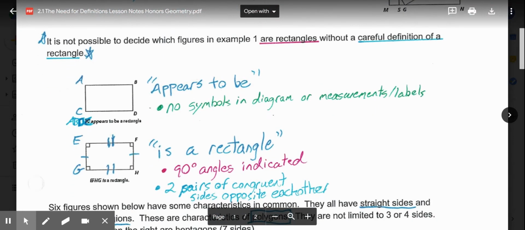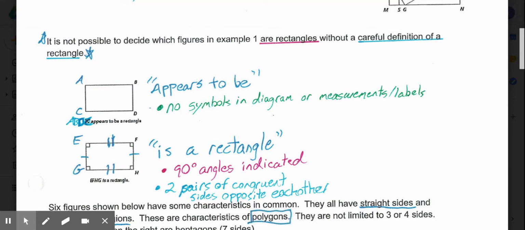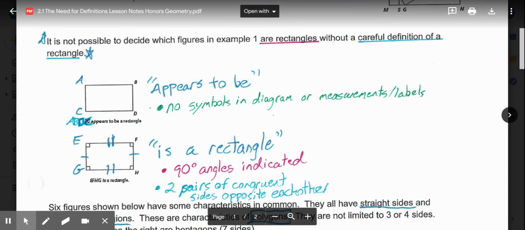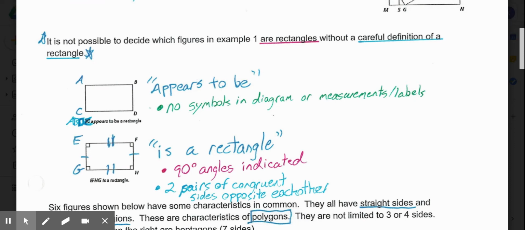If we further explore that, here we have a rectangle ABDC, or ACDB, however we want to name it, going around the vertices. We would say that this polygon appears to be a rectangle, but without any measurements, labels, or symbols, we cannot say for sure, because the definition of a rectangle tells us that all the sides meet at 90-degree or right angles, and that the opposite sides are congruent.